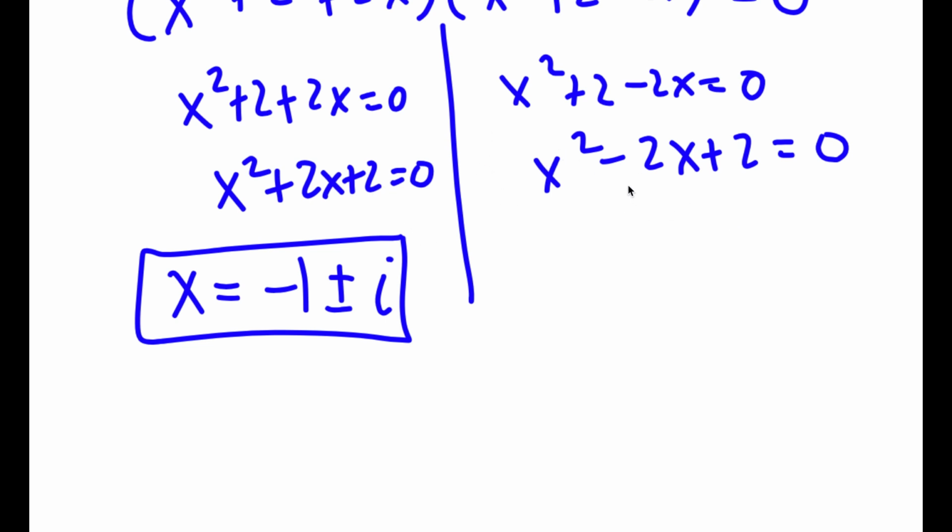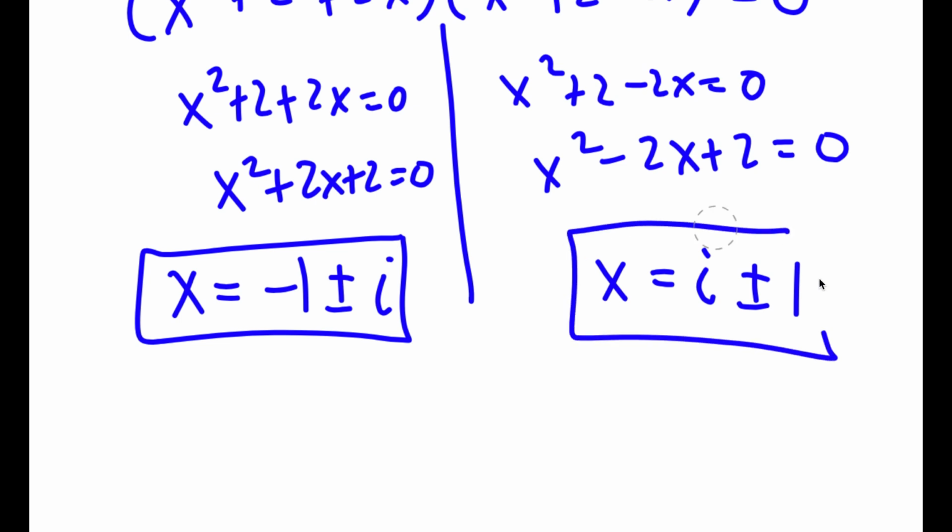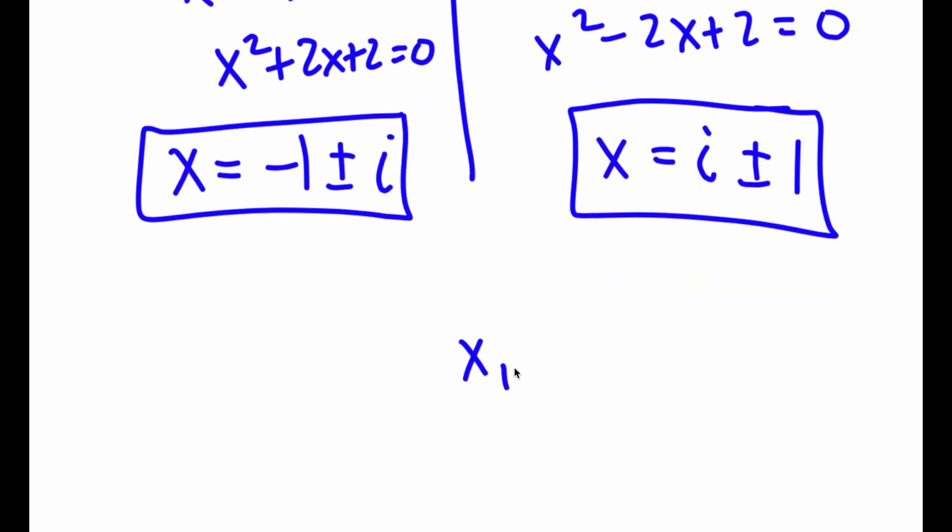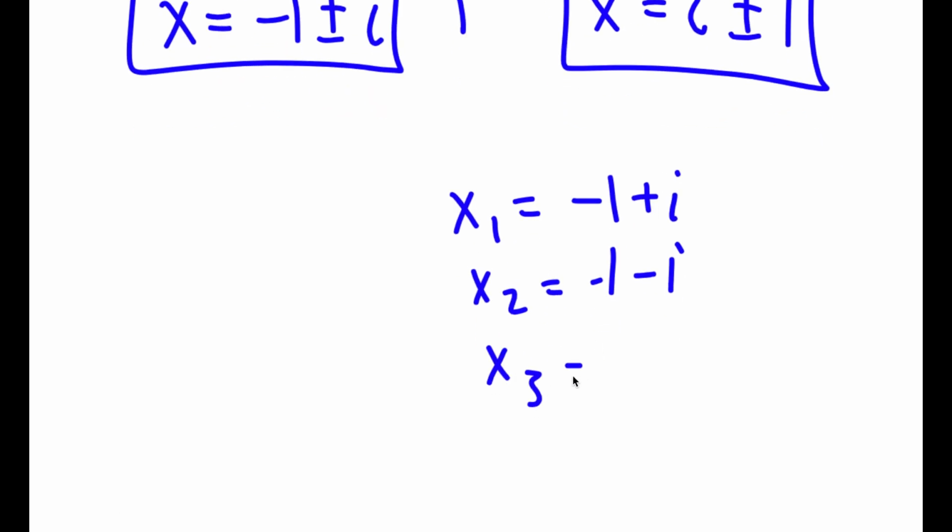And for x squared minus 2x plus 2, you get x is equal to i plus or minus 1. So my four solutions are -1 plus i, -1 minus i, i plus 1, and i minus 1.